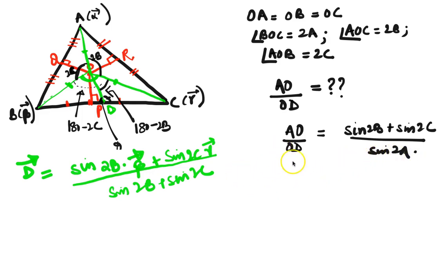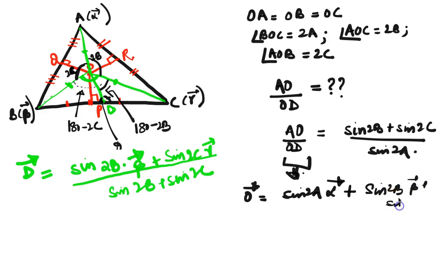So this would imply O vector is equal to sine 2A into alpha vector plus sine 2B plus sine 2C into D vector, which is sine 2B beta vector plus sine 2C into gamma vector upon sine 2A plus sine 2B plus sine 2C.